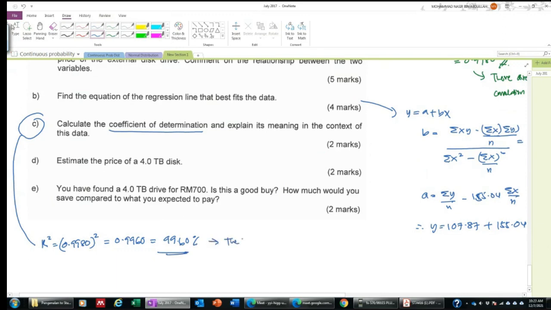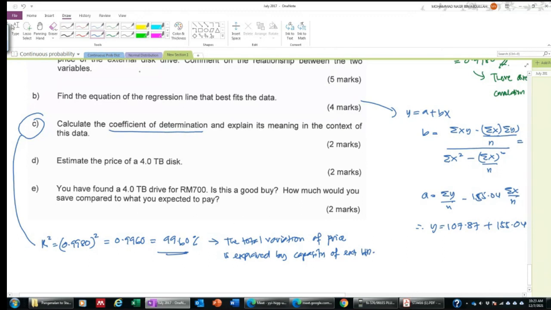It means that the total variation of price is explained by capacity of external hard disk, right?